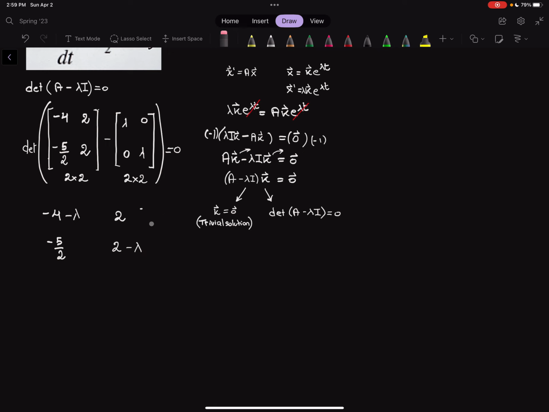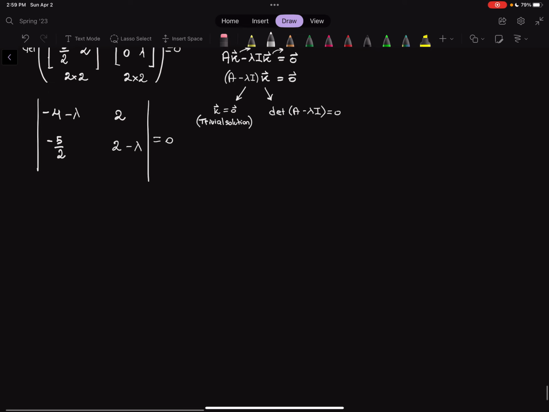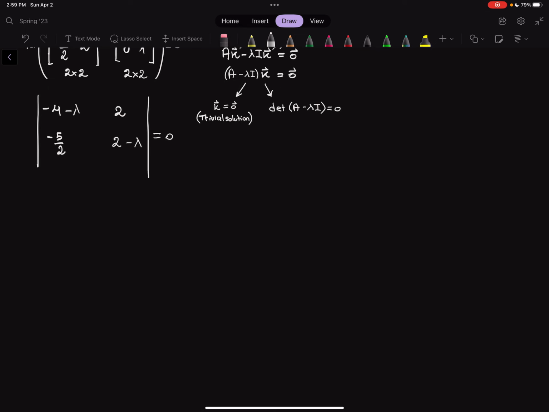Now I can use those vertical lines to indicate the determinant. And all of that has to be equal to 0, which means that I'm going to factor out a negative, so that here we're going to have this times lambda minus 2 times a -1, because I factored out a negative out of that one as well.